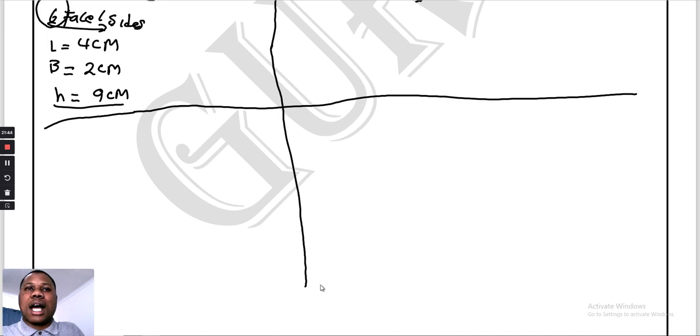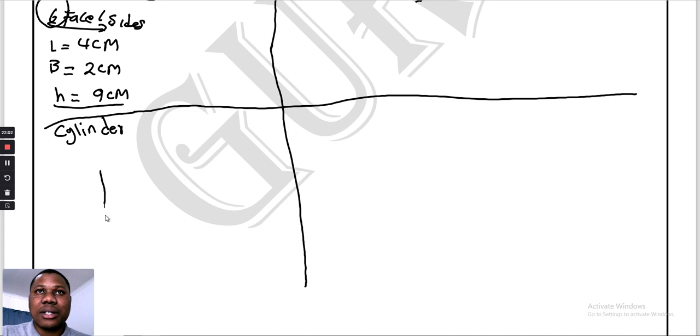Now, our next shape in the line is our cylinder. I don't know if I'm going to win with this one, but let me try to draw it.